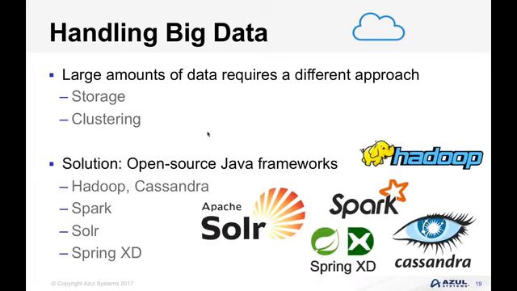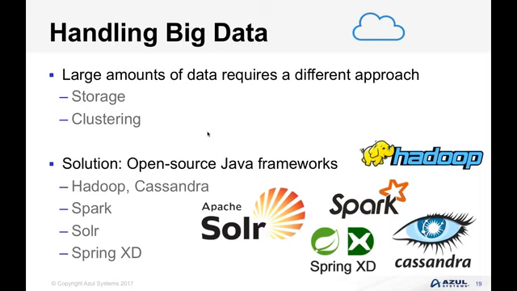So again, Java provides a great set of solutions here because there is this wonderful set of open source frameworks that we can choose from that allow us to do all the sorts of things that we need in terms of big data. So you've got things like Hadoop, you've got things like Cassandra. So this is the idea of a distributed database that we can store information in.